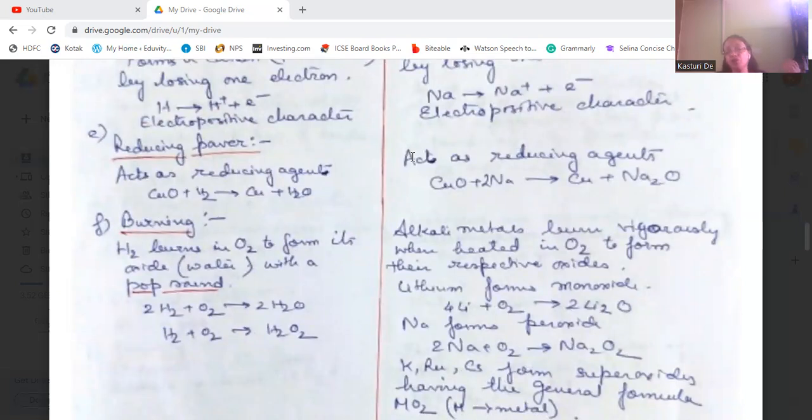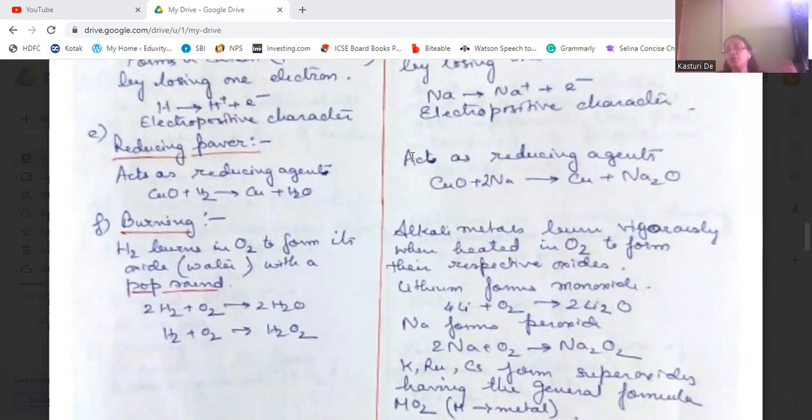Then burning. Hydrogen burns in oxygen to form its oxide, that is water, with a pop sound. Hydrogen can also combine with oxygen to form hydrogen peroxide, but it burns with a pop sound. Alkali metals also burn vigorously when heated in oxygen to form their respective oxides.